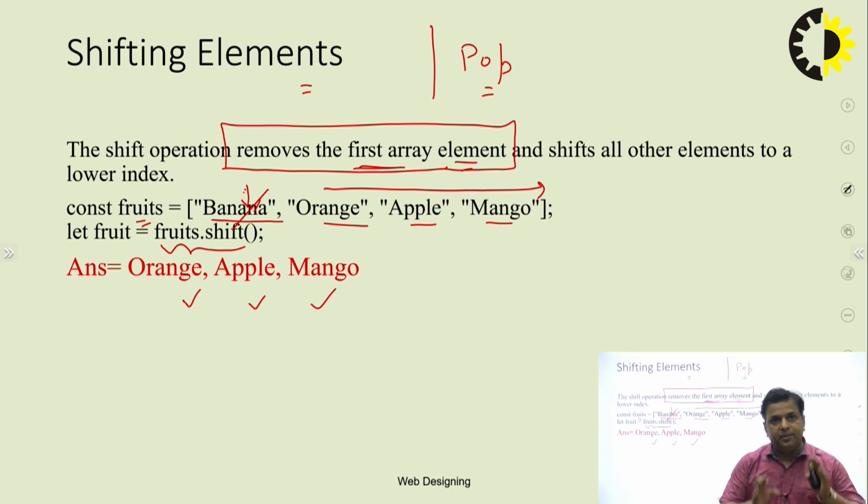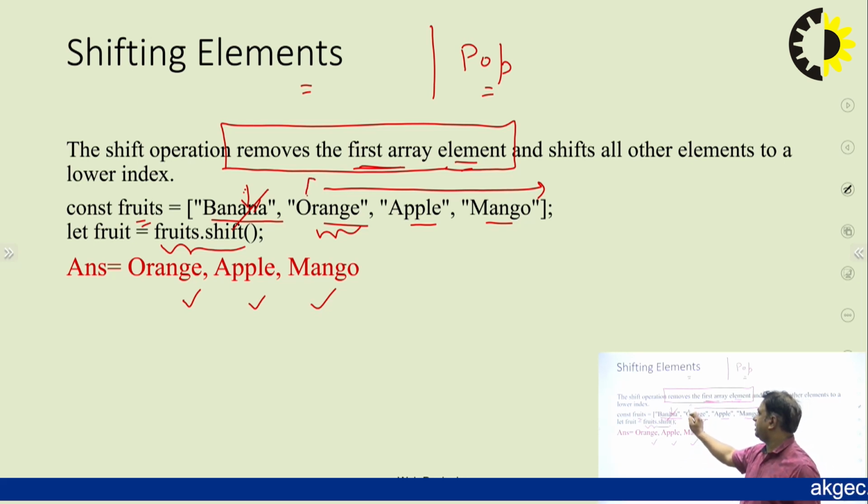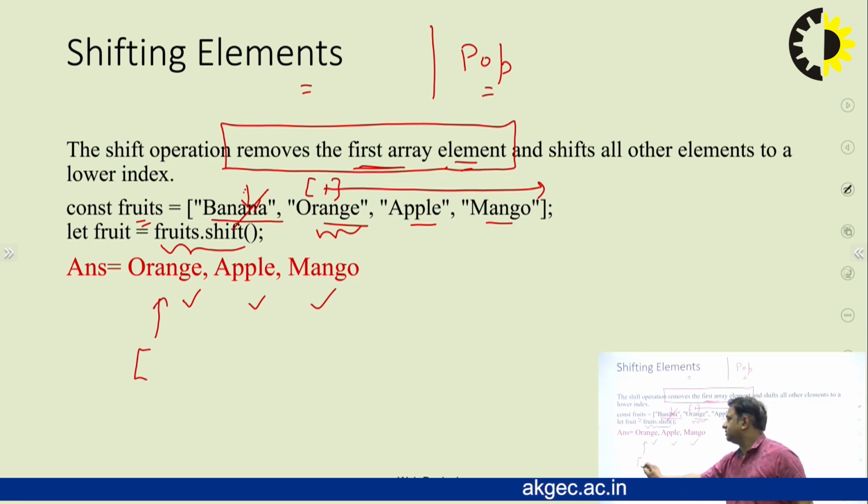So here you can compare the two operations, shift and pop. If you want to remove an element from the last, use pop. If you want to remove an element from the first, use shift. An important thing is that when we use the shift method, the index of all the other elements is decreased by 1. Orange had index 1, now the index is 0.